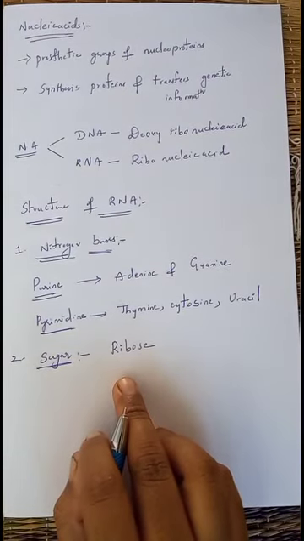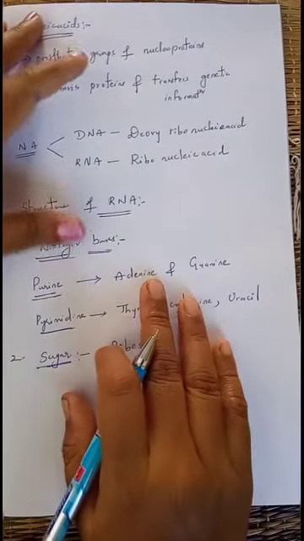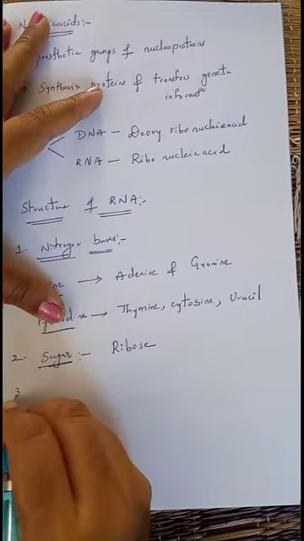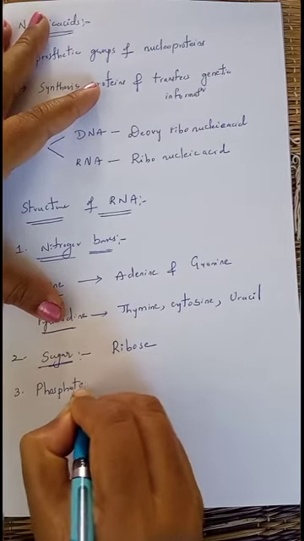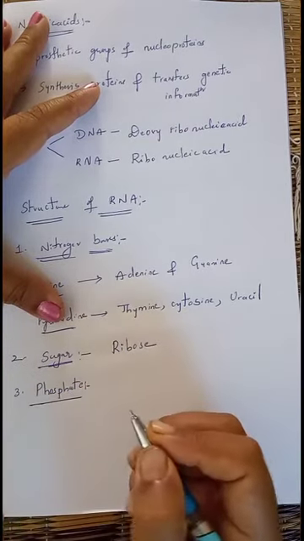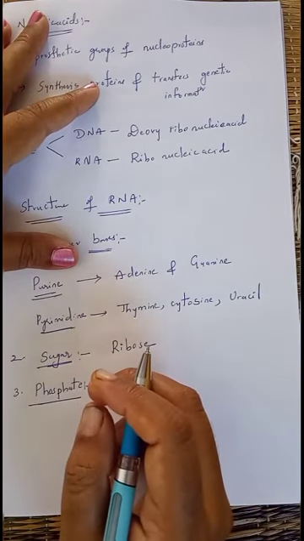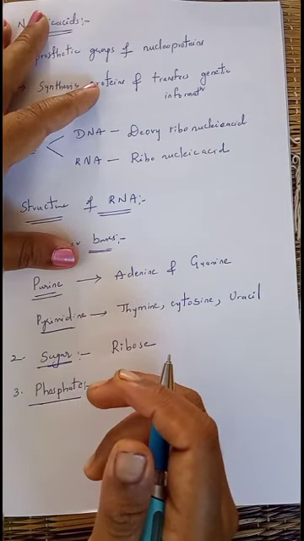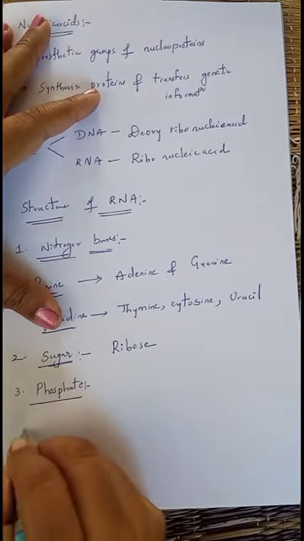The third constituent is nothing but the phosphate unit. That phosphate unit can combine different types of nucleotides. Now we want to know what are nucleotides.